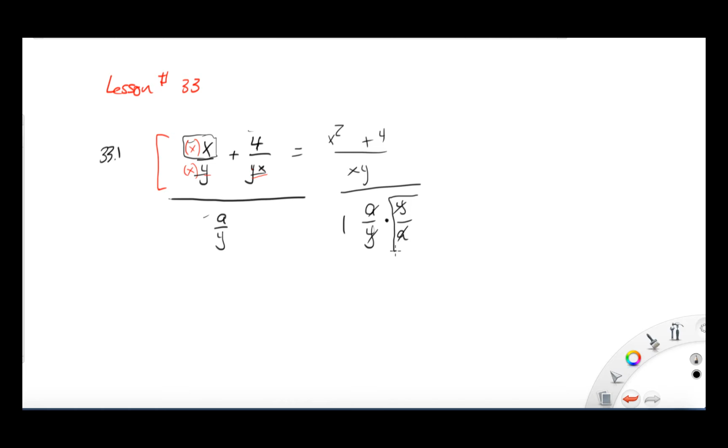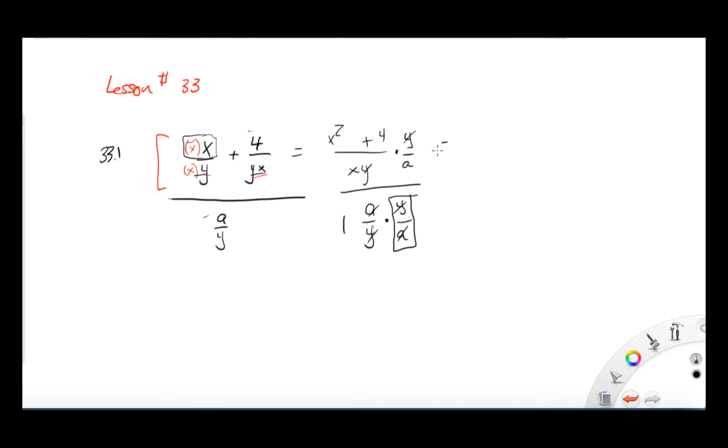And we're going to take this fraction, our reciprocal, and multiply up here, okay? So y times a. Now we're going to make this hopefully look a little bit easier by canceling out, okay? So notice this y and this y can cancel out.